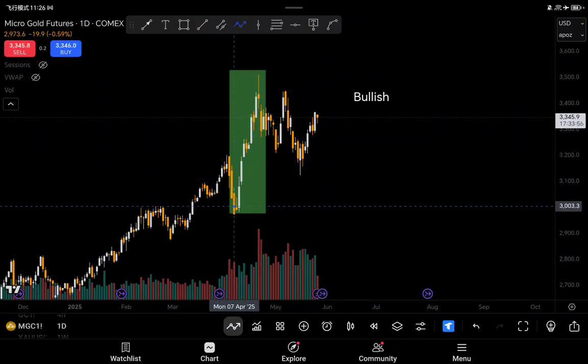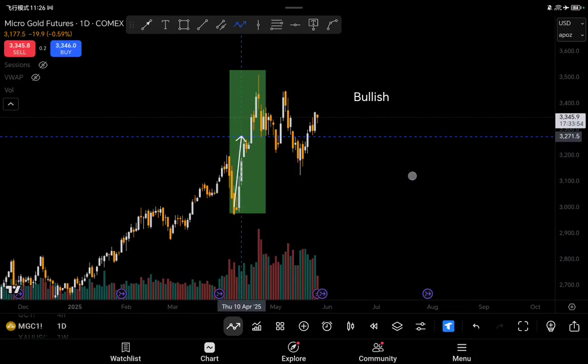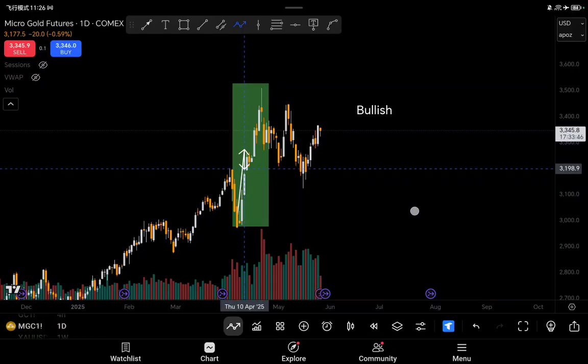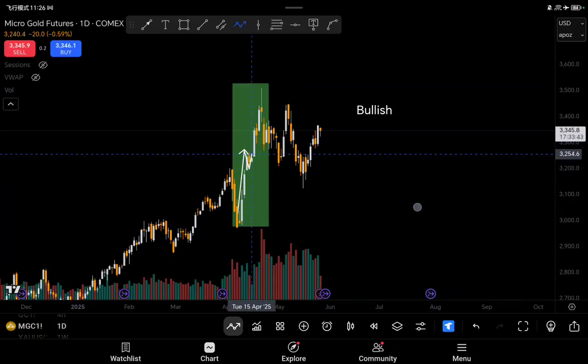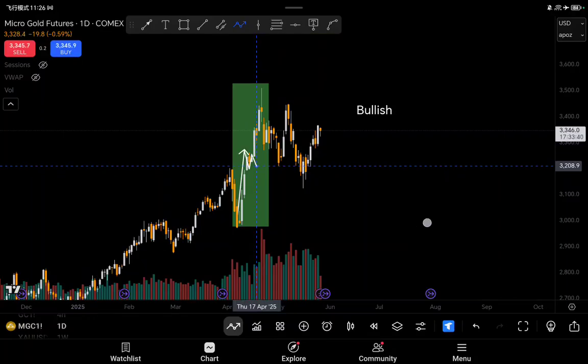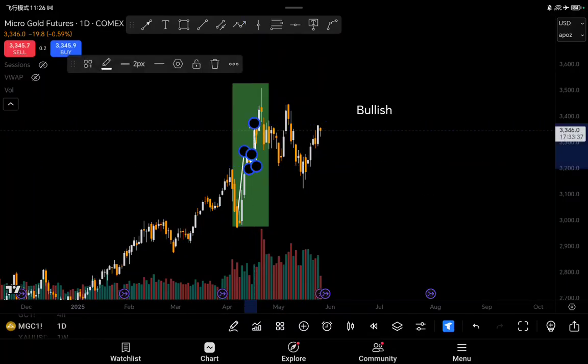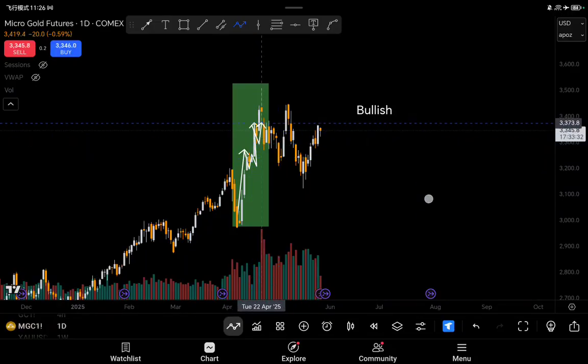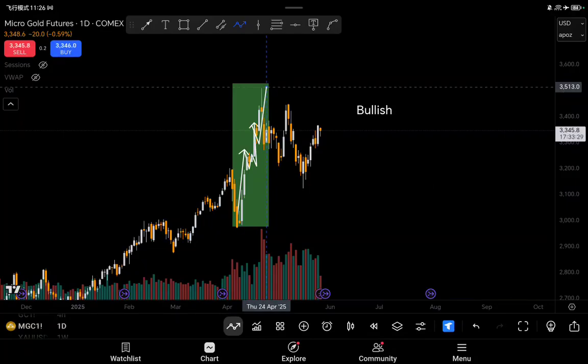From daily it pushed over here and then did some sideways over here. You see the candles are very small, so it did a sideways over these 2 days, then not much activity happened, and then it made a big push up there, and then again a sideways, and then it broke out. That's where it reached 3,500 per ounce.